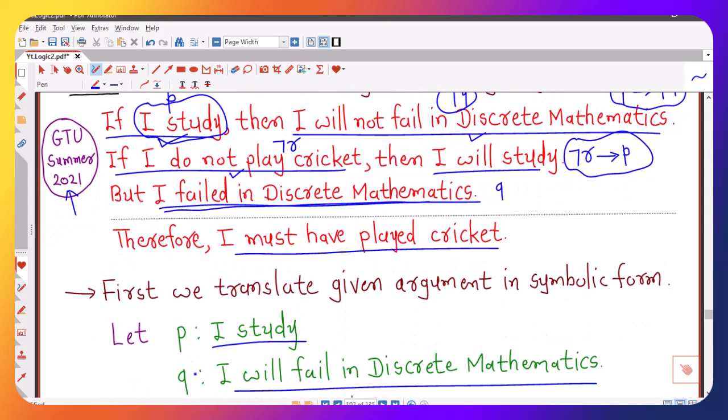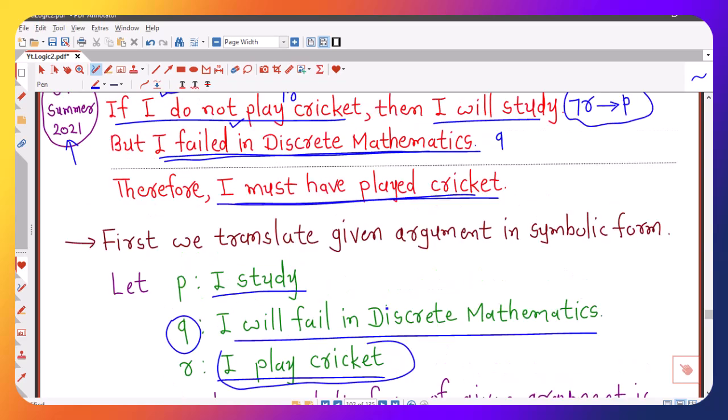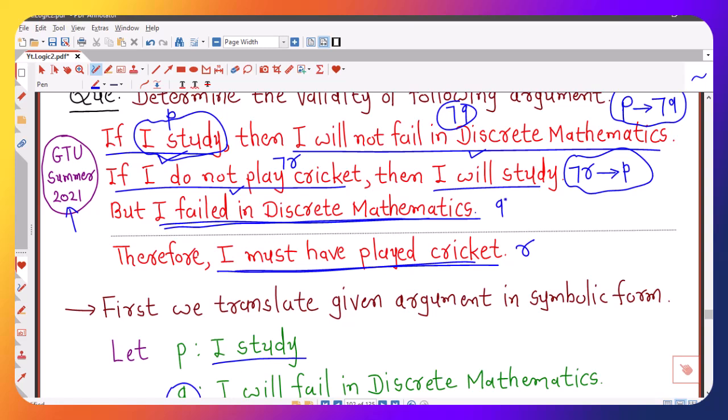We have used small q for I fail in discrete mathematics. Therefore, I must have played cricket. We have denoted by r the proposition I play cricket. Therefore, here we have small r. So these three are premises: p implies negation q, negation r implies p, and q, and r is the conclusion.